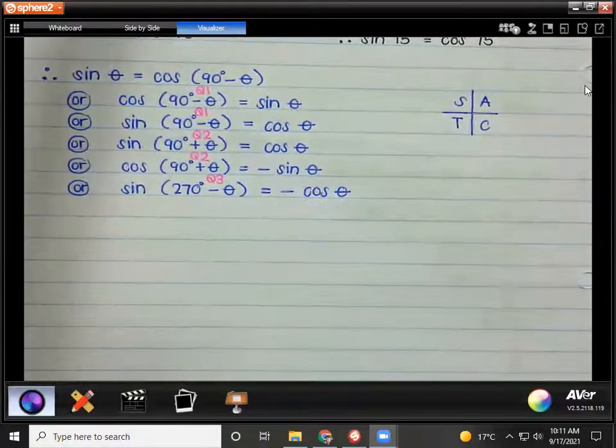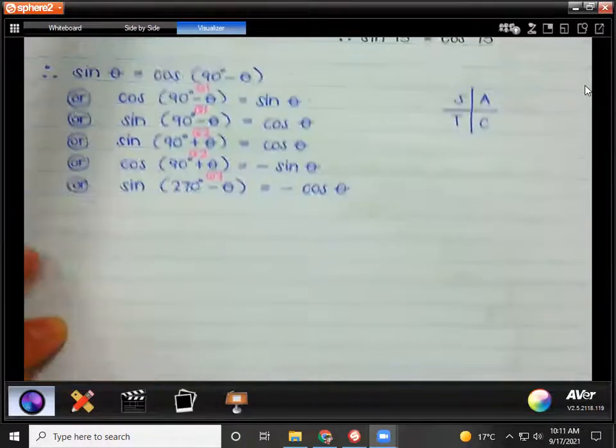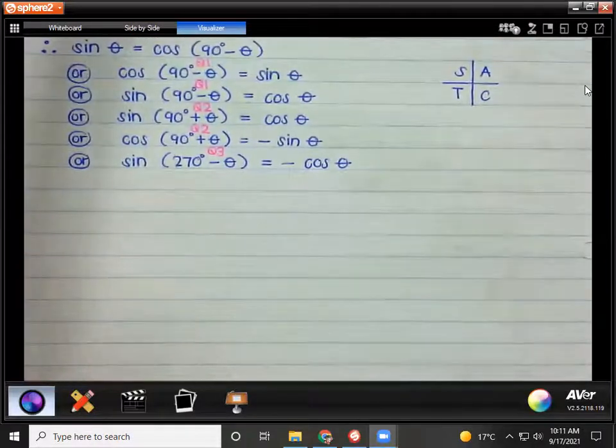We're going to do some numerical examples quickly so that you can see, because we've worked with the variables now, but let's just work with the numerical ones.